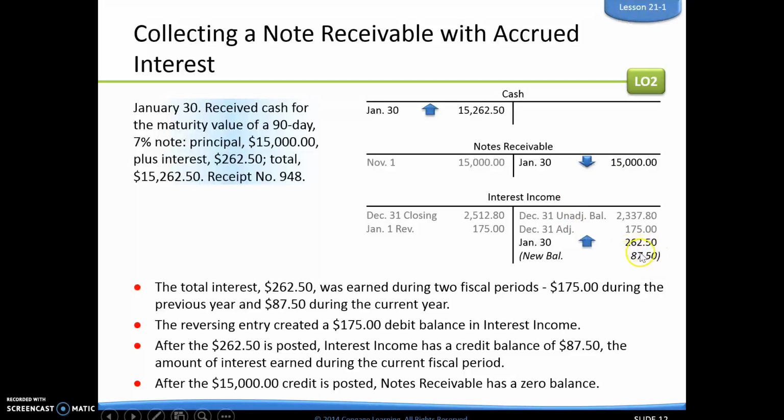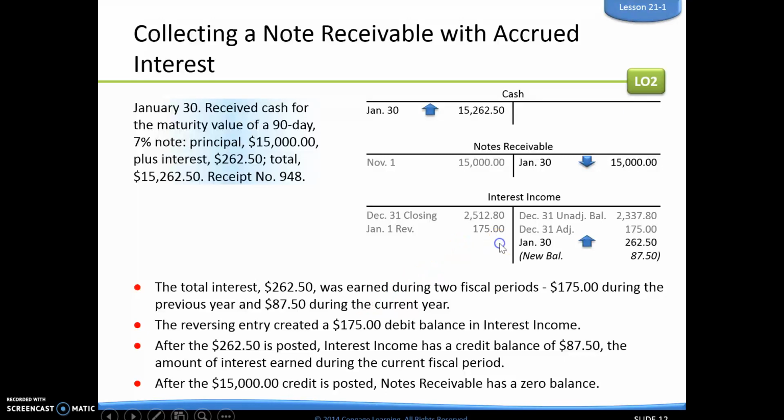Remember that $87.50 we just talked about here. So again, that total interest of $262.50 was earned during the 2 fiscal periods. That $175 during the previous year and $87.50 during this year. The reversing entry, remember, this one right here, the January 1st reversing entry, created a debit balance in interest income right there.